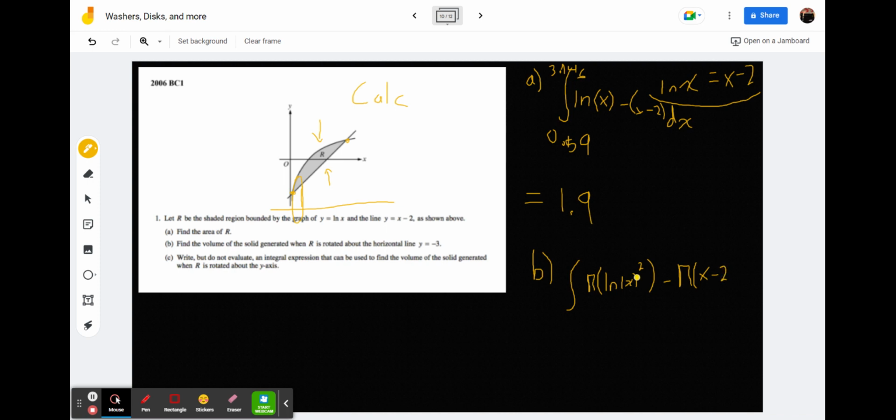Oh, and here's an extremely important thing to notice. Our radius is actually not going to be ln x here, because it needs to be the distance away from our axis, and ln x is the distance away from x equals 0. So we need to shift our axis so that we're actually finding this distance.